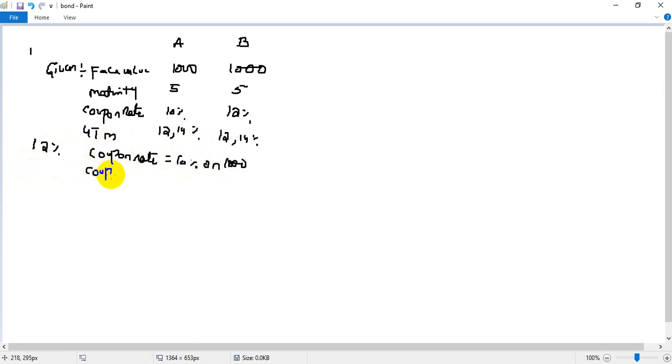So coupon amount will be 100. Basically you need to substitute in the formula. This is the formula: PVIFA 12% has been given as YTM, 5 years also you need to take down.